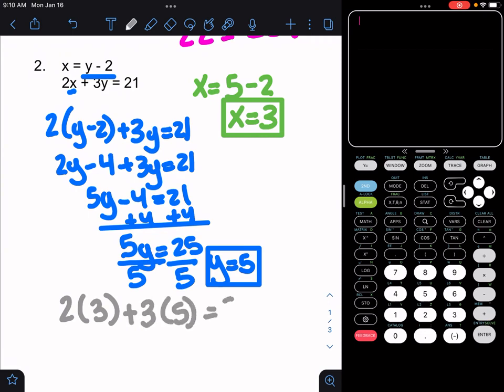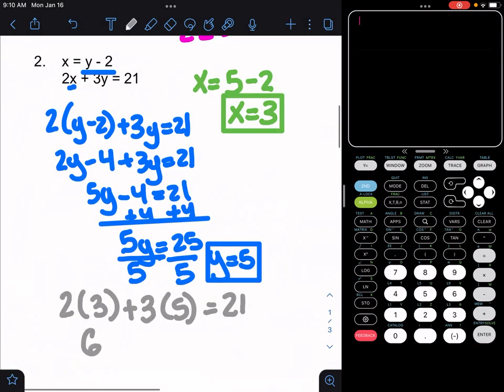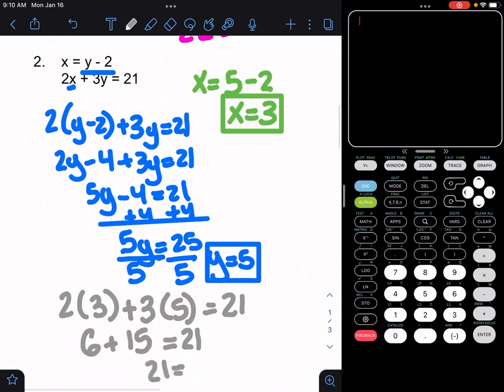And does that equal 21? Let's see. 2 times 3 is 6. 3 times 5 is 15. And 6 plus 15 is 21. So 21 equals 21. We are good. So our ordered pair would be x is 3, y is 5. So 3, 5.